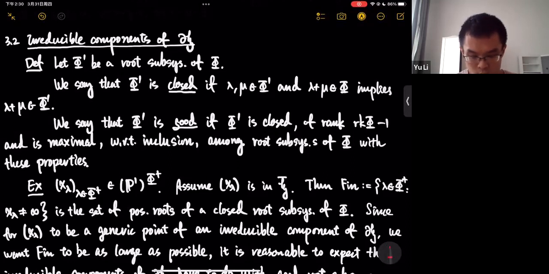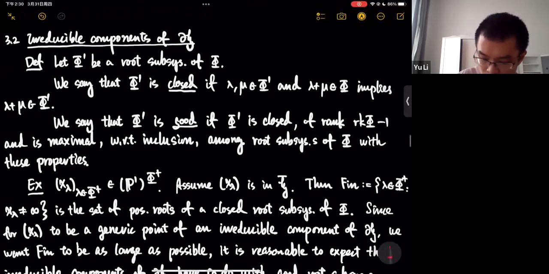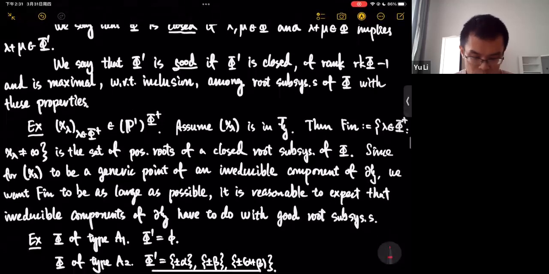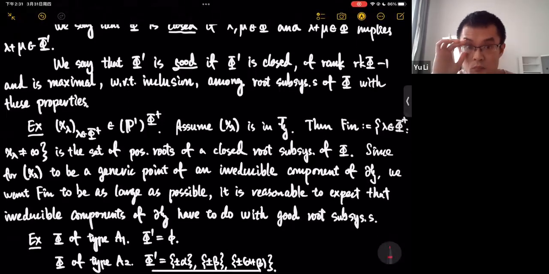I say that it's closed if whenever lambda and mu are in phi prime, and their sum is a root, then their sum must be inside phi prime. So closed means closed under root addition. And then we say that phi prime is good if it is closed, its rank is the rank of phi minus 1, and it's maximal with respect to inclusion among all root subsystems of phi satisfying these properties.